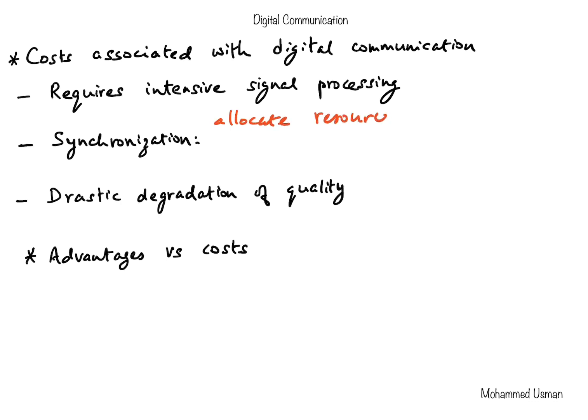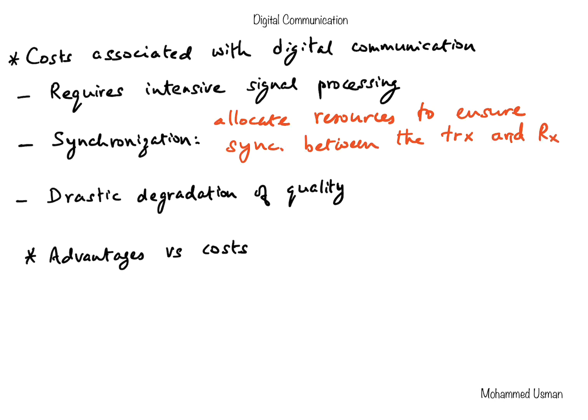So we need to allocate resources to ensure synchronization. I'll just write synchronization as SYNC. So we need to allocate some resources to ensure synchronization between the transmitter, which we call TX, and the receiver, which I'll write as RX.